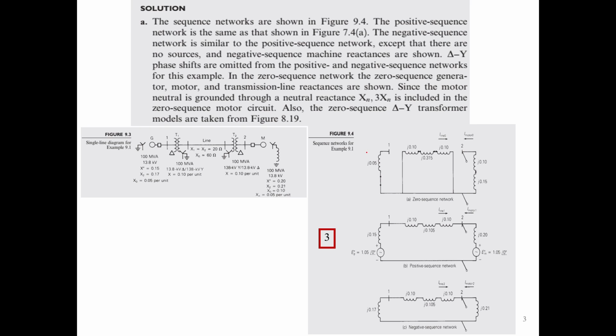In this case, since the generator is Y connected and solidly grounded, when we deal with the zero sequence network, the zero sequence reactance is connected to ground because it is solidly grounded.